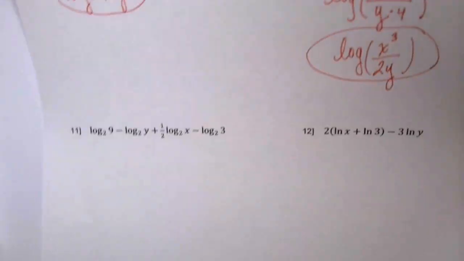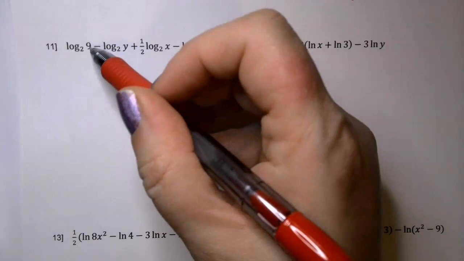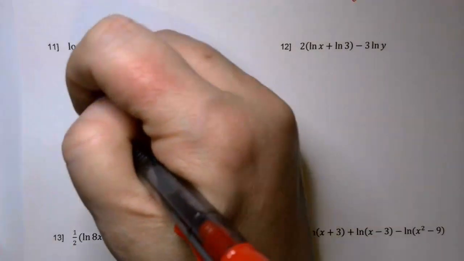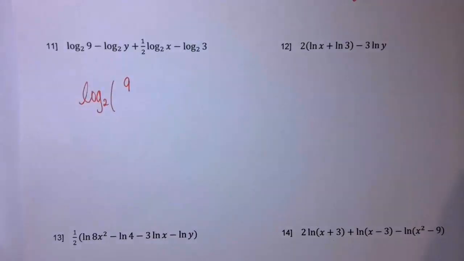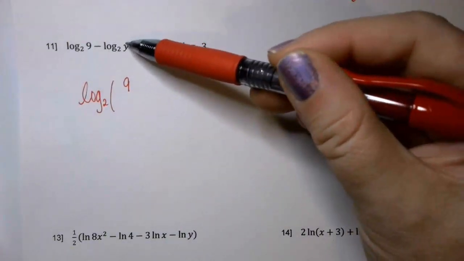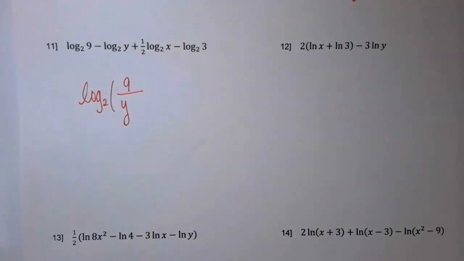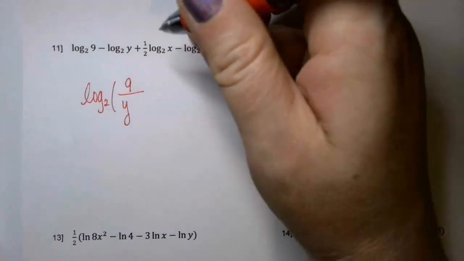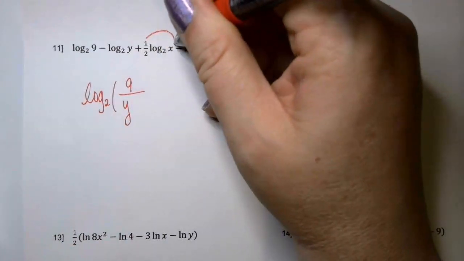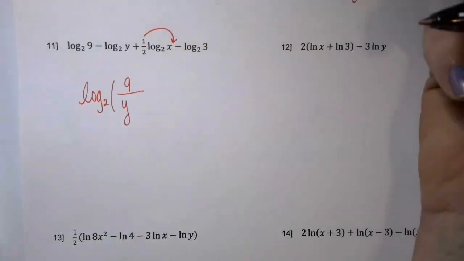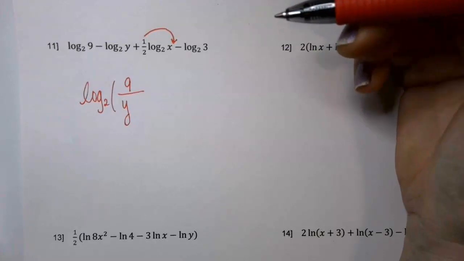Okay, in number 11, we've got a log base 2 of 9, so the 9 is going to go in the numerator. Then minus log base 2 of y, since that's subtraction, the y goes in the denominator. Then we have a 1/2 log base 2 of x. We're going to use the power property to make that 1/2 an exponent, and a 1/2 power is the same as a square root.